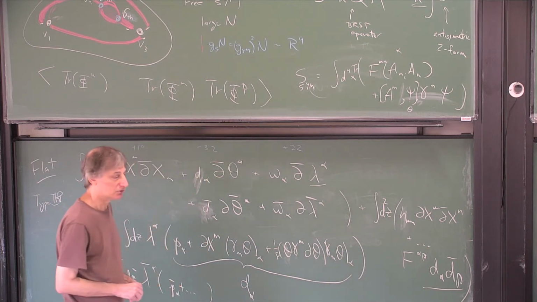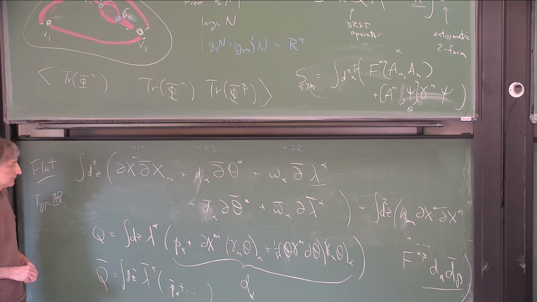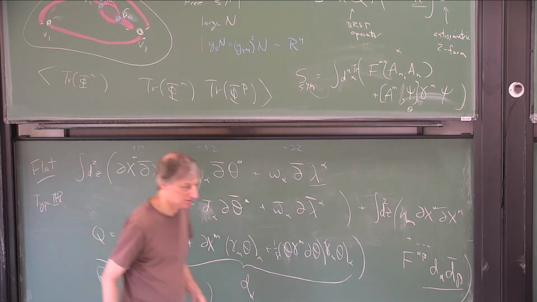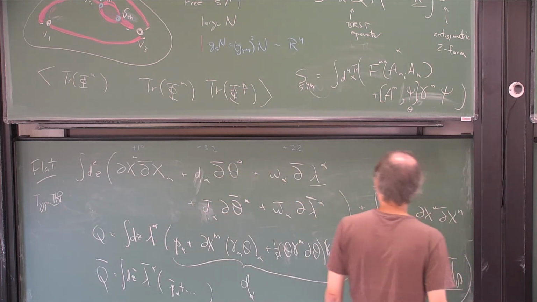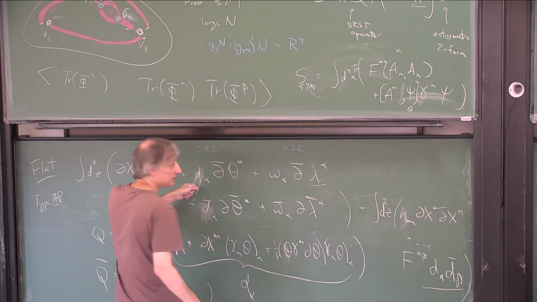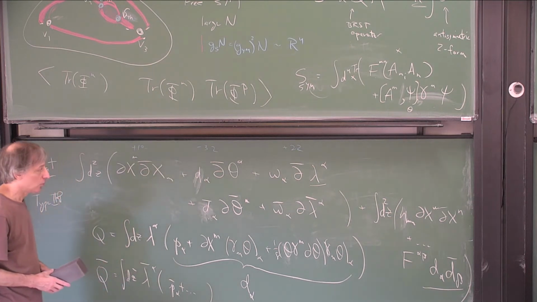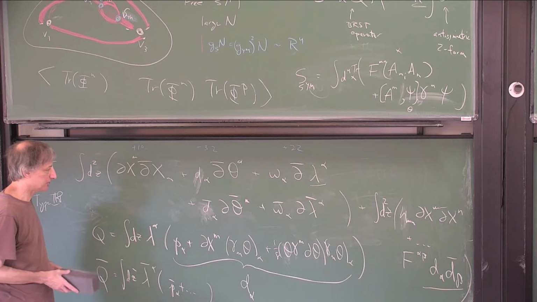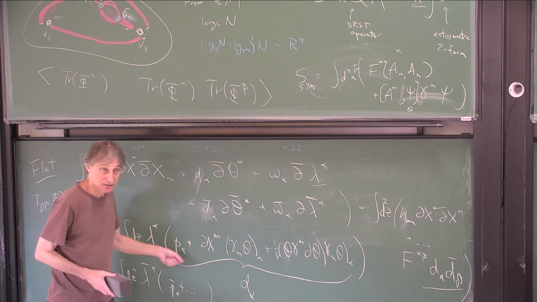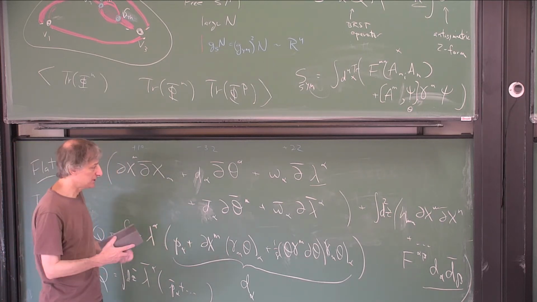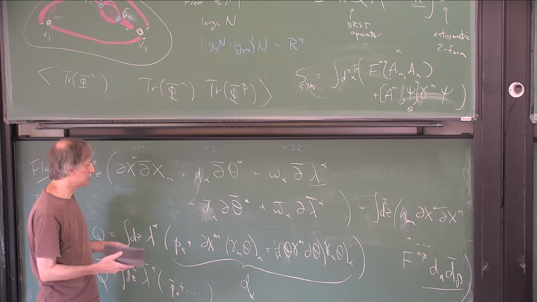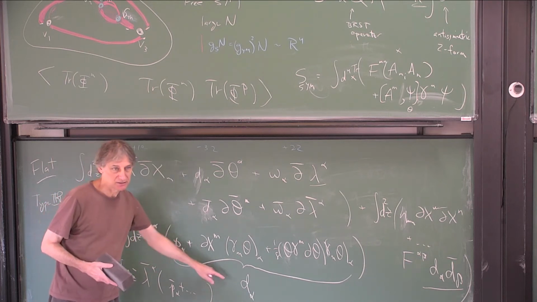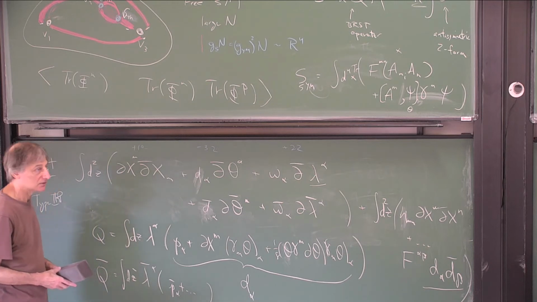Okay. But you replaced p alpha by d alpha. What did you do there? You integrated out? In a flat background, p alpha is a free field. Once I work in a curved background, there's no advantage to using p alpha or d alpha. They're of course related. The advantage of using d alpha is that if I do a spacetime supersymmetry transformation, d alpha is invariant, whereas p alpha is not.